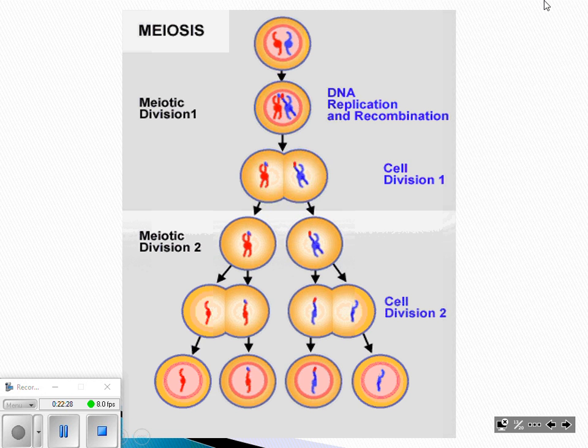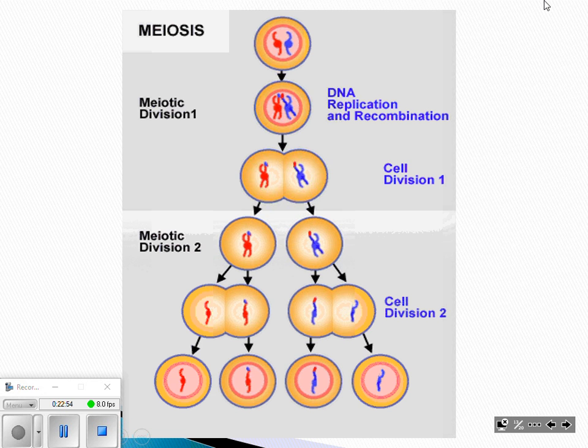Okay, this is just showing one of those homologous sets of chromosomes. They replicate in preparation for division. Okay, and when they line up, they can cross over and exchange pieces of information. So maybe the red one had the blue-eyed gene, and the blue one had the brown-eyed gene, and they just swap those. It's just another way to get variation. No genetic information has been lost. It's just recombined.